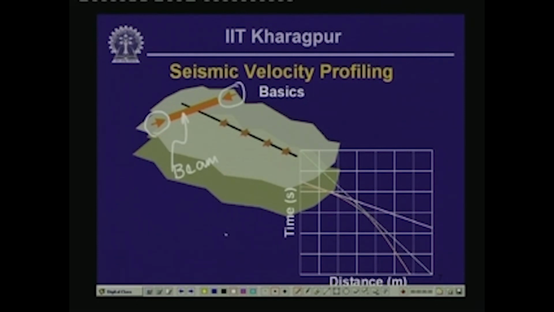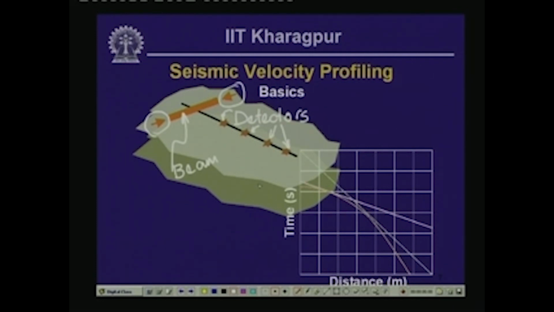Because of the disturbance caused by this, seismic waves start propagating, and in this case we have a layered structure. This beam is at the surface of the earth, and we place a series of detectors of seismic waves. These are the detectors, this one, this one, as well as this one.